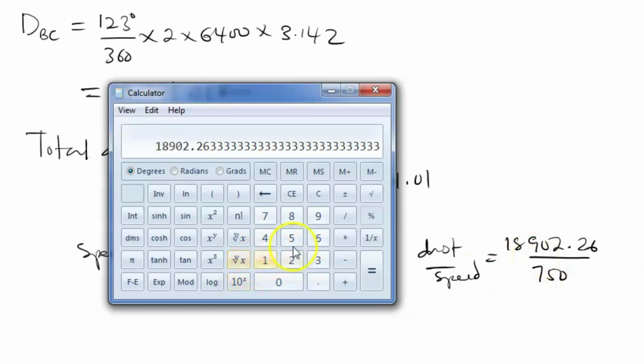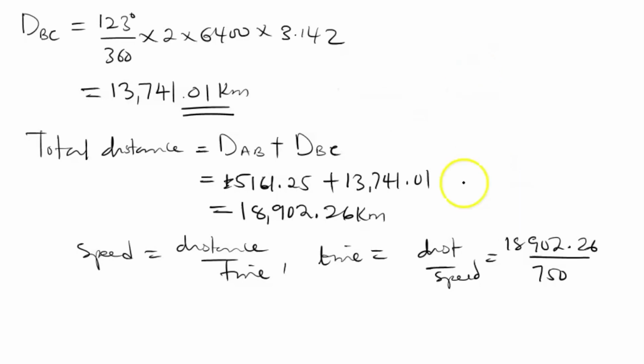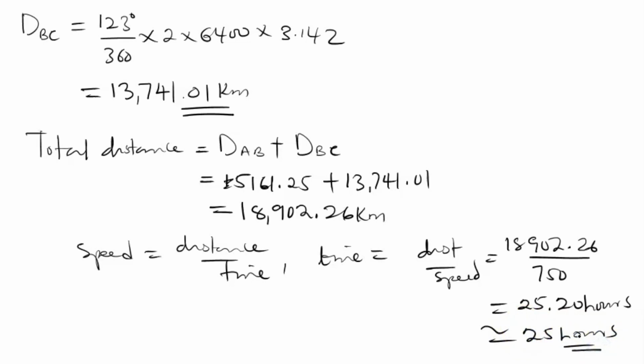Dividing, we are having 25.20 hours. Of course, it's going to be in hours. That's the time. So approximately it's going to give us 25 hours that it takes the aircraft to travel.